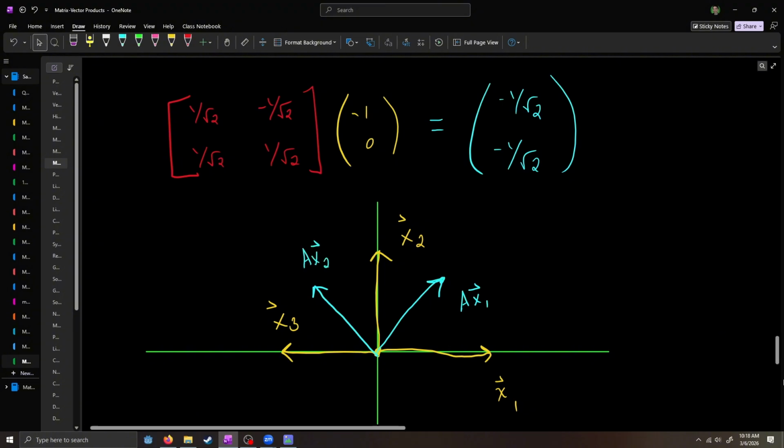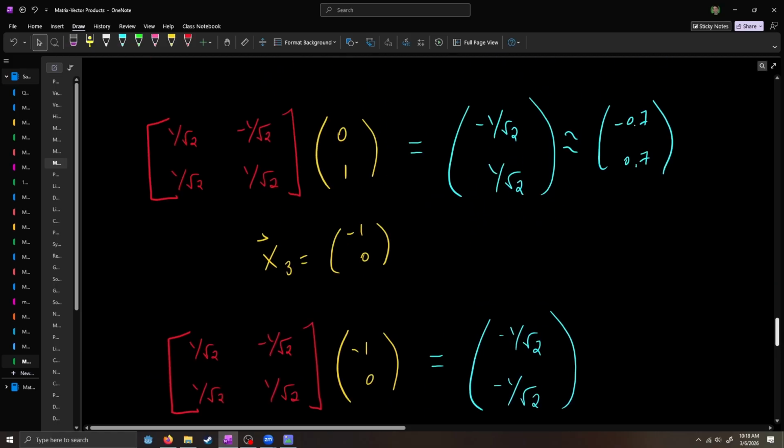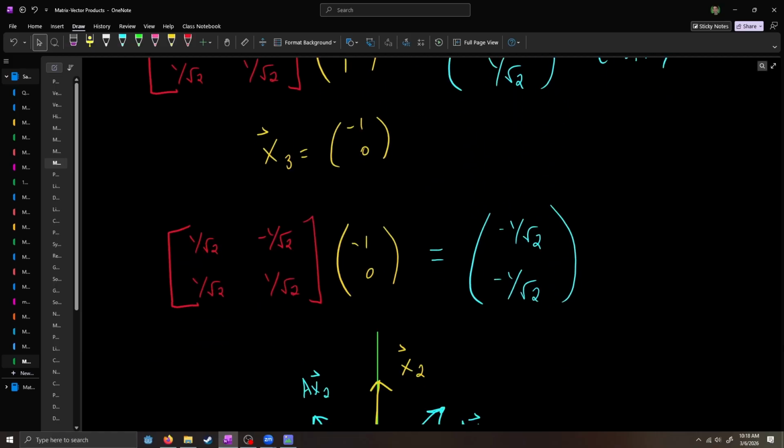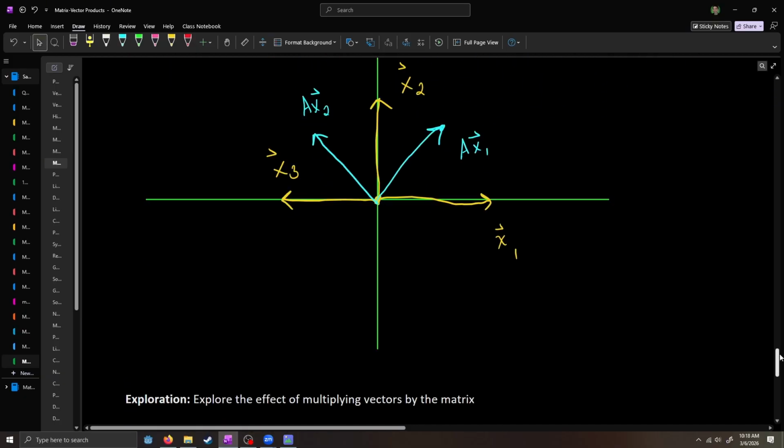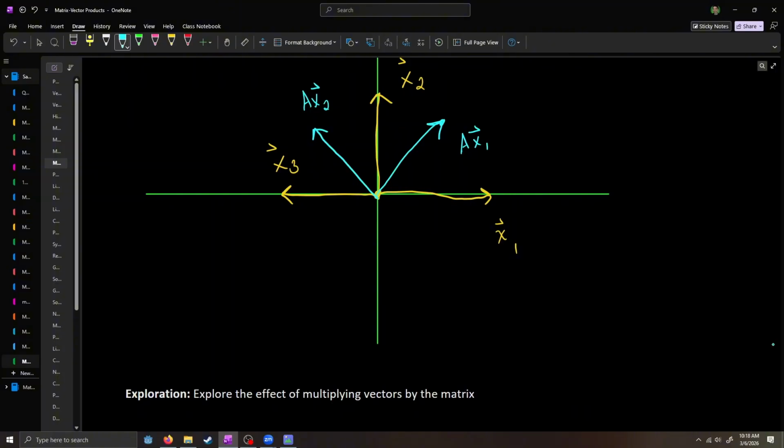And then finally, when we applied our matrix A to the third experimental vector, the result of that had both a negative x and a negative y component. So in this case, the result of applying matrix A is down here in quadrant number 3.